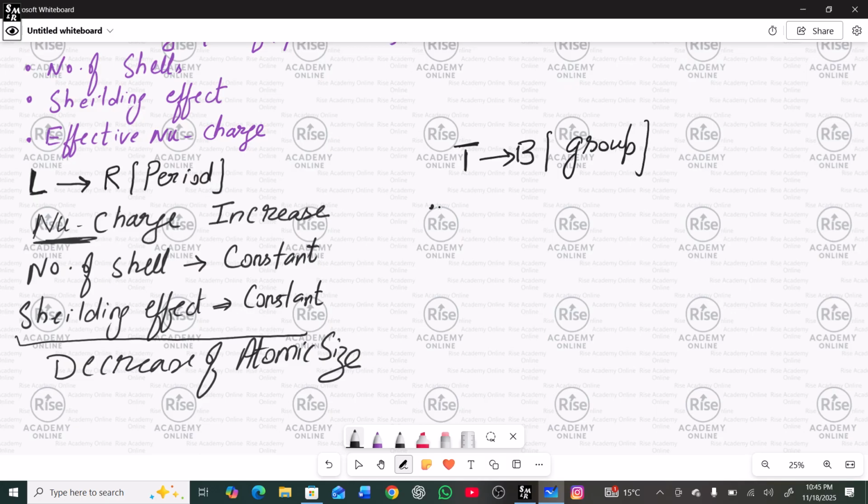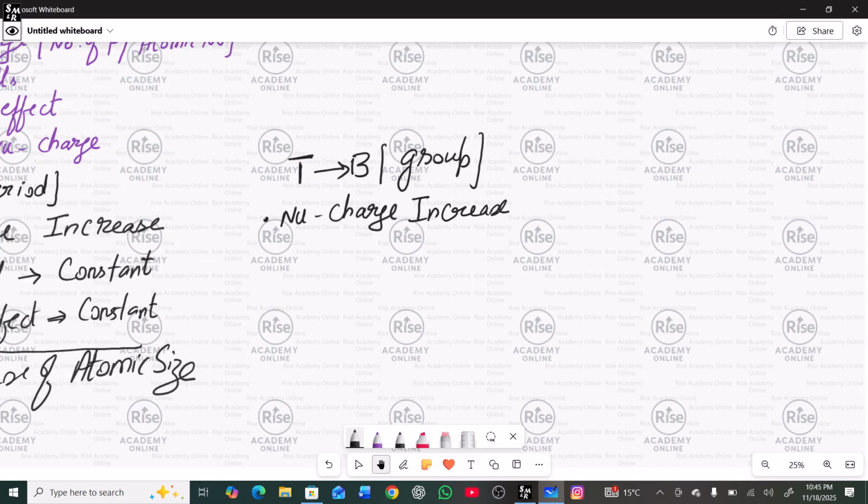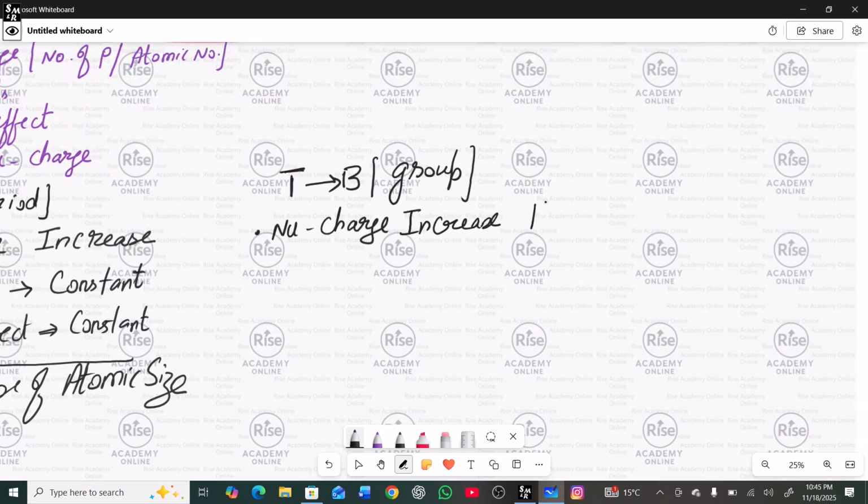While talking about nuclear charge, it increases, and still this factor, nuclear charge, tends to decrease atomic size by attracting the valence shell electrons closer towards the nucleus.